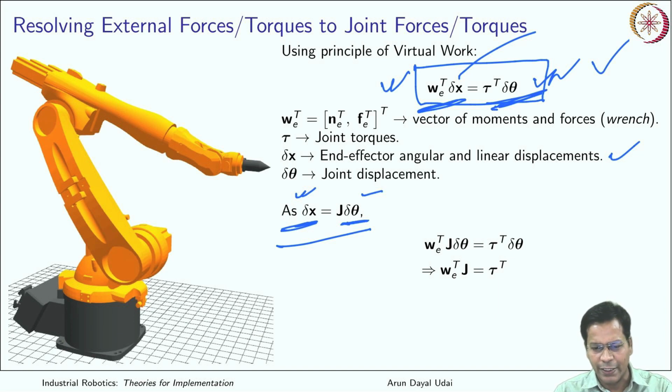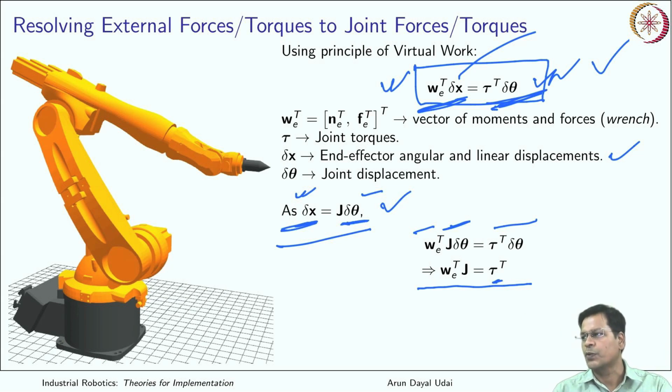So what I get here is wrench transpose. Instead of delta x, I will put J delta theta over here, and the right side remains as it is. So you can write it finally like this: wrench transpose times Jacobian is equal to torque transpose. This is the torque at the joint, transposed.